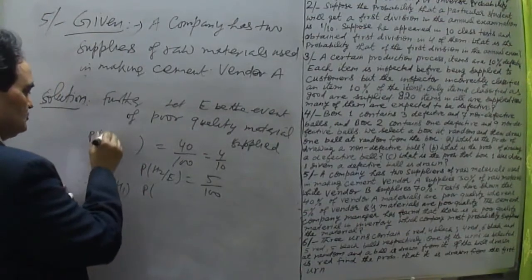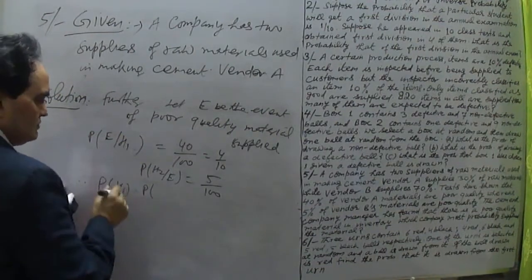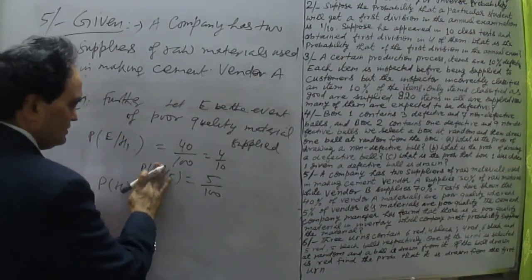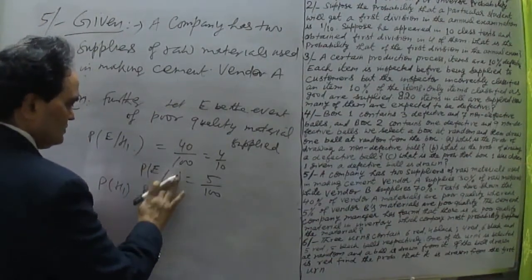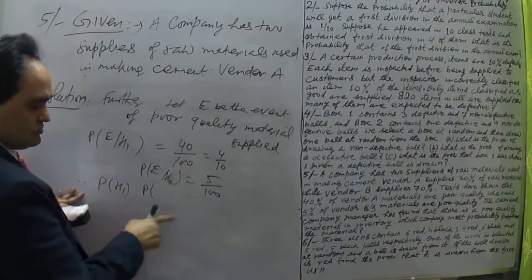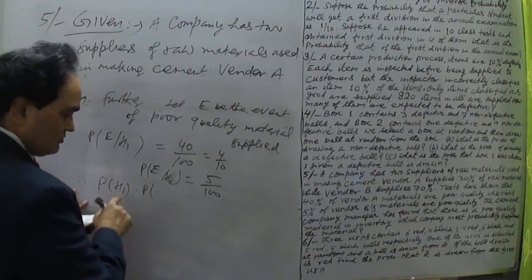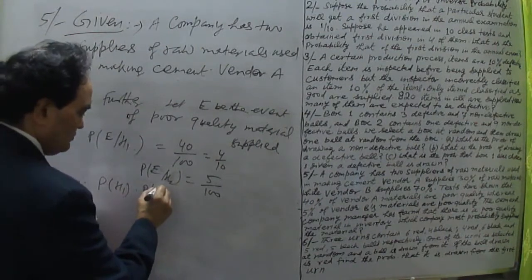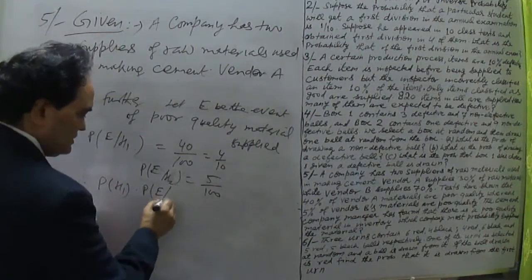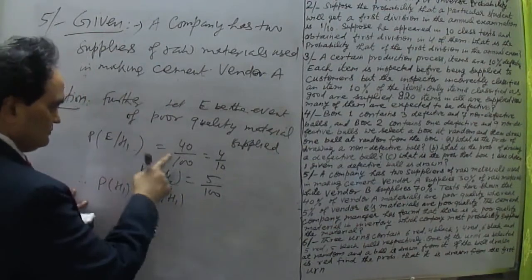So this is E by H1, right? And this is the probability of E by H2, the second quality. This is the probability of H1 into the probability of E with respect to H1, the first one.